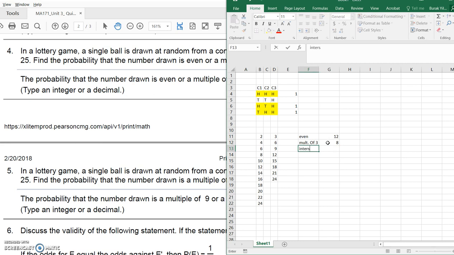And then the intersection, or both, because as you can tell, 6 is both an even number and divisible by 3. So when I add these counts, I'm counting some of them twice, like 6 and 12.